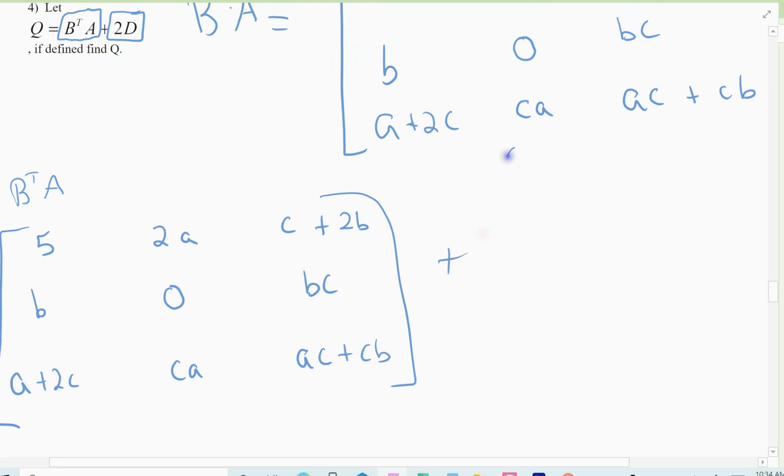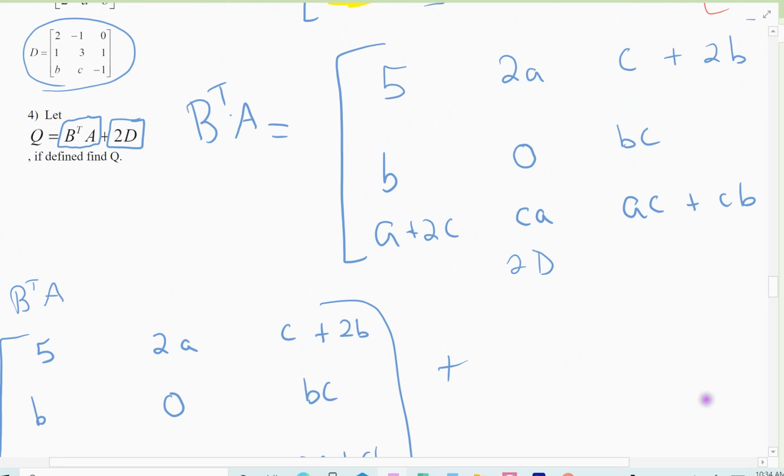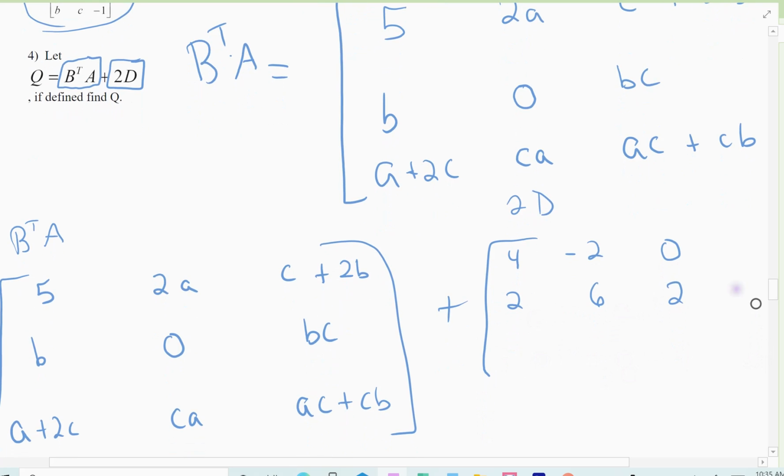And then my 2 times D. So I'm going to take my matrix D and multiply the entire thing by 2. Alright, so my matrix D times 2. So across the top it's going to be 4, negative 2, 0, 2, 6, 2, 2B, 2C, negative 2.